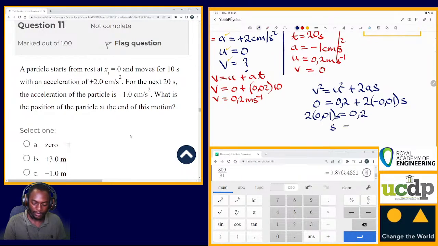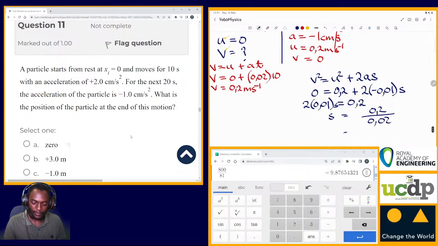So our s will become 0.2 over 0.02. If we punch that, what do we get? Oh, I forgot to square.